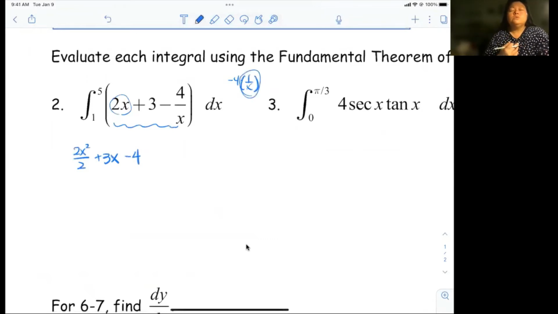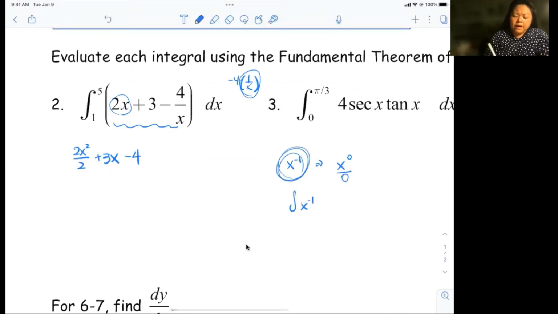You can't use the power rule with 1 over x, because 1 over x is x to the negative 1. If you use the power rule, don't you add 1 to the power, which makes it 0, and then you divide by the new power? That doesn't work. So x to the negative 1 power has a very special property. The integral of x to the negative 1 power, or the integral of 1 over x dx, is really the natural log of x.